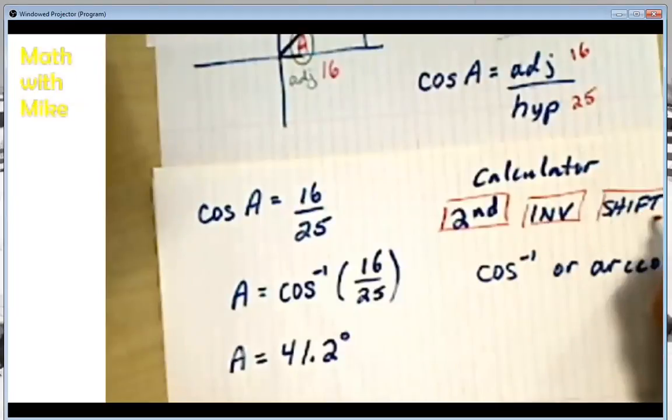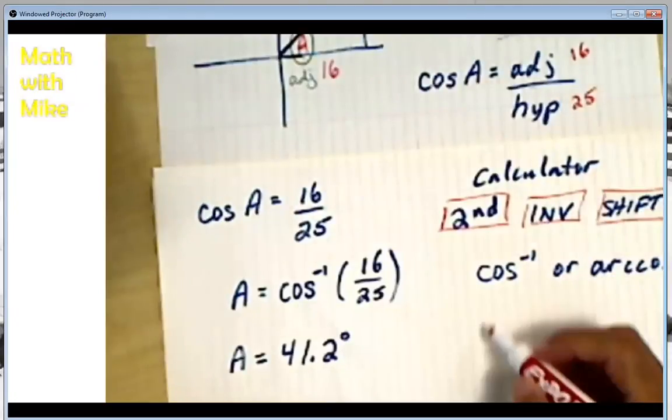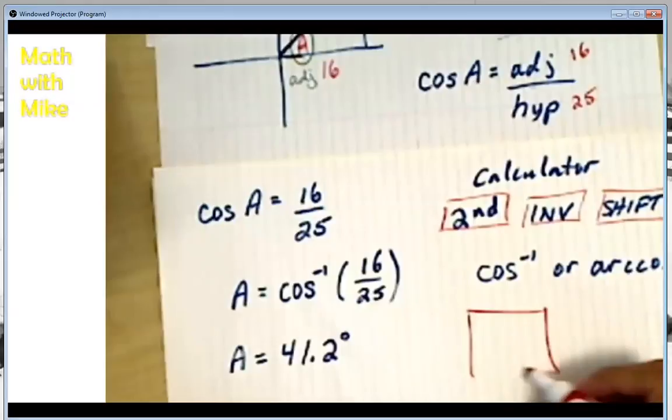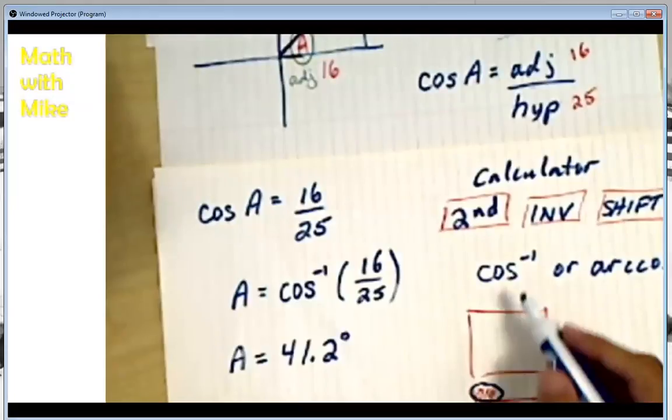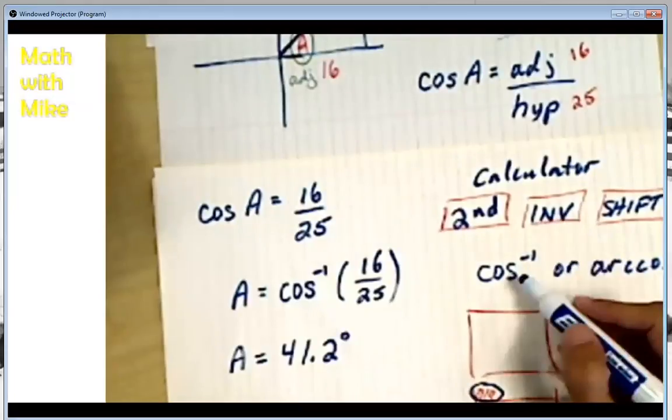They're always in the upper left-hand side of the calculator. Usually it's this one or up around there. So should I put cos and inverse? Yeah, or maybe inverse cos. It may be inverse and then cos for your calculator.